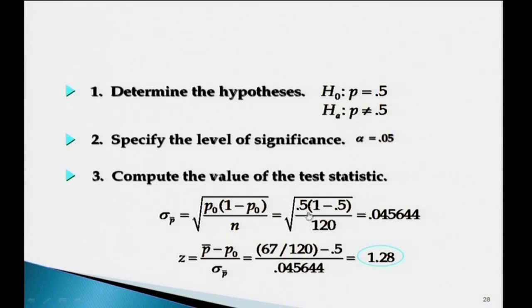So, we will take 0.5 into 1 minus 0.5 by 120, this comes out. Then use this standard error here in the Z cal, this is sample proportion minus population proportion. Sample proportion is 67 by 120 minus 0.5, 50% was expected as per NSC's report. So, the value comes out to be 1.28.